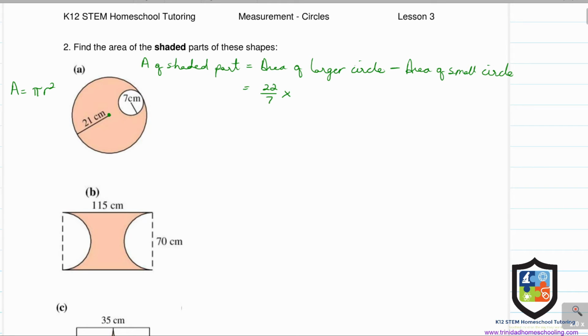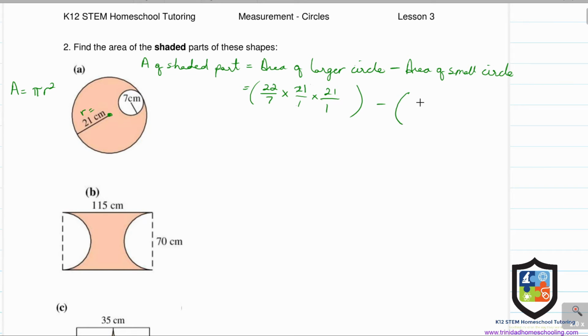As you can see, the center is here, so 21 here is the radius, but it's not just 21, it's 21 squared. We could also write it as 21 multiplied by 21, so 21 over 1 multiplied by 21 over 1. This is the same thing. And that's the area of the larger circle.